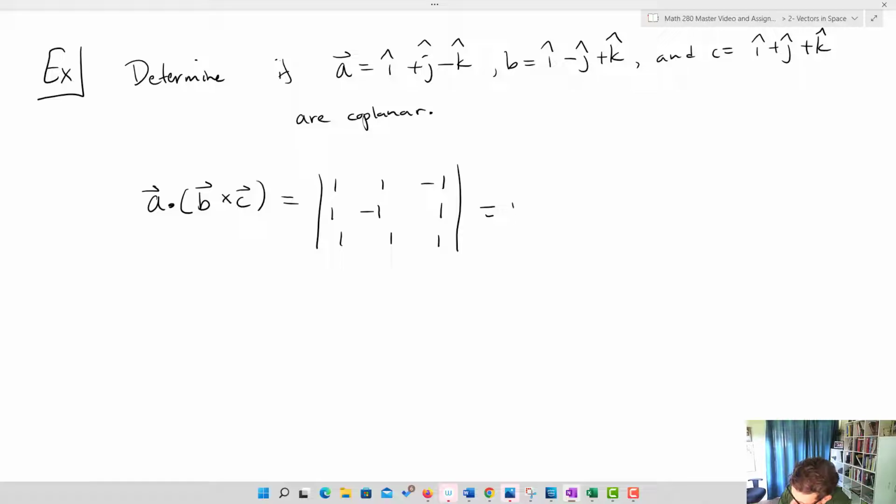So we'll start out, we're going to get 1 times negative 1 minus 1, plus 1 times 1 minus 1. Or excuse me, this is minus: 1 minus 1 times 1 minus 1, plus negative 1 times 1 minus a negative 1.